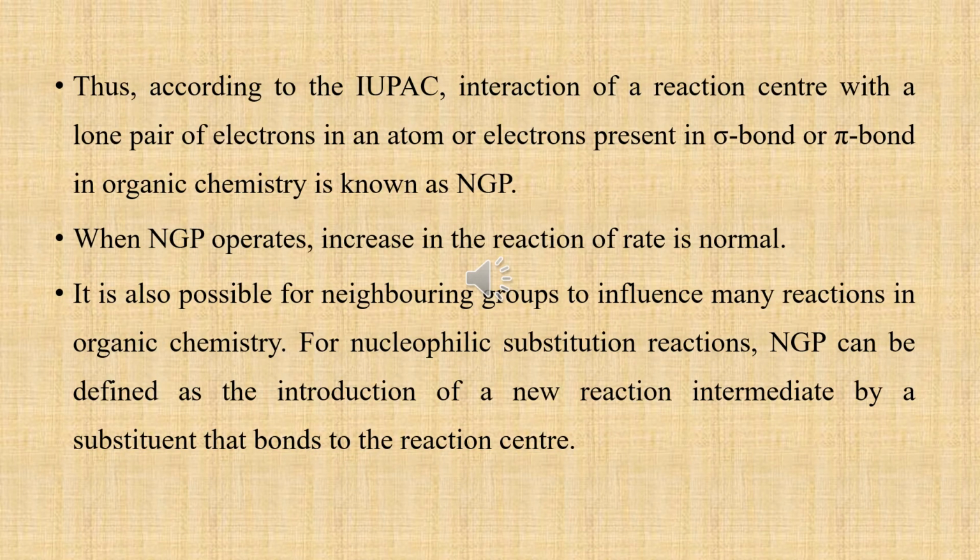So, according to the IUPAC, interaction of a reaction center with a lone pair of electrons in an atom or electrons present in a sigma bond or pi bond in organic chemistry is known as NGP. When NGP operates, an increase in the reaction rate is normal. It is also possible for a neighboring group to influence many reactions in organic chemistry.